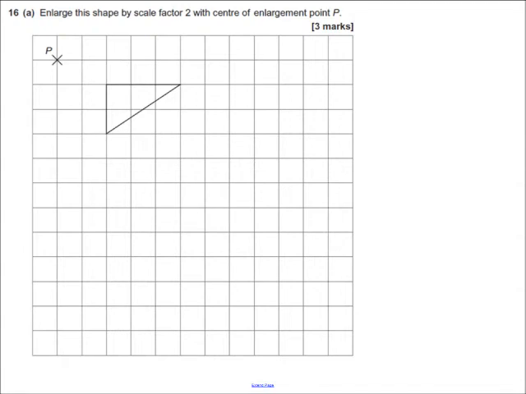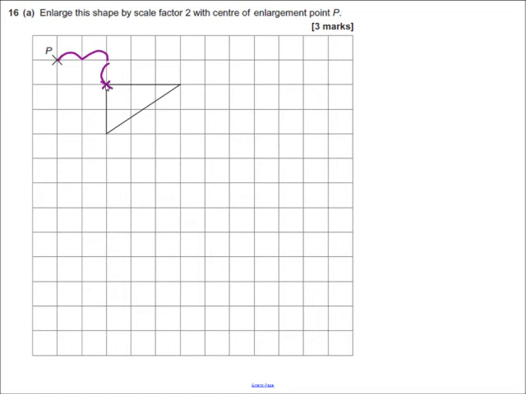Question 16a is asking us to enlarge a shape by a scale factor of 2, and the centre of the enlargement has to be the point P. So this is one of those questions where they've given us a centre of enlargement. The way I showed you to do this in the class is take a reference point, which is usually the point closest to our centre of enlargement, and count the number of squares across, which is 2, and the number of squares down, which is 1.